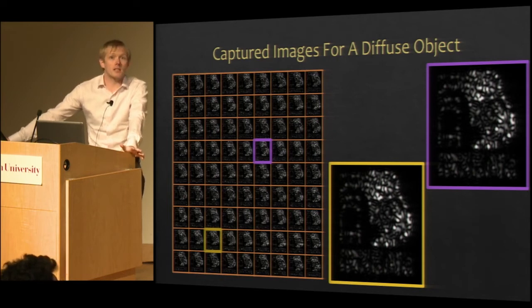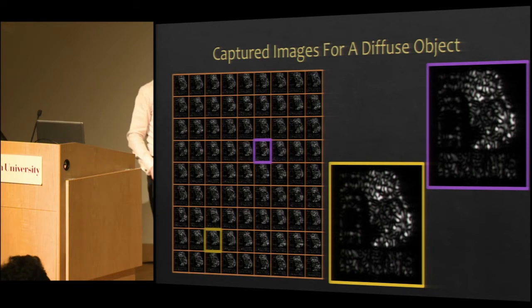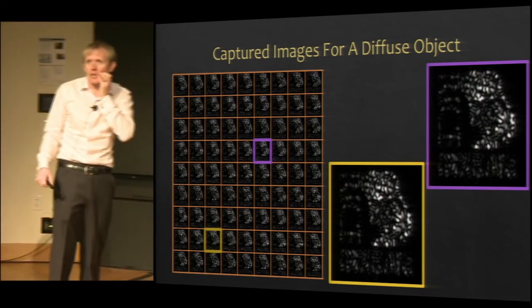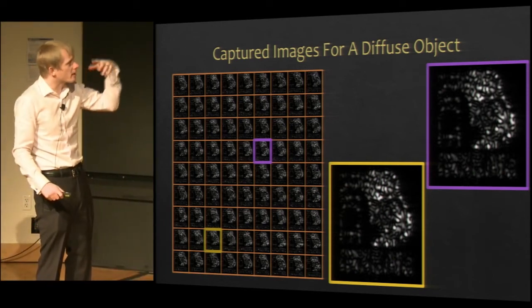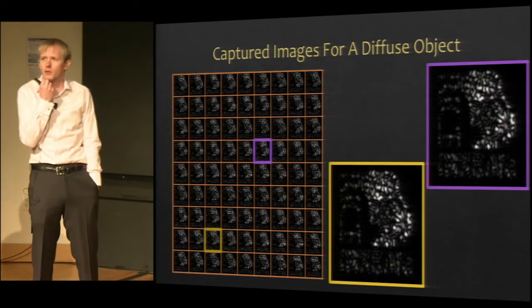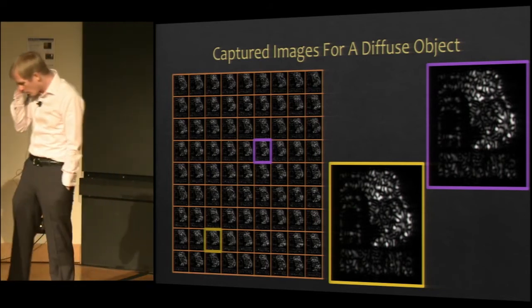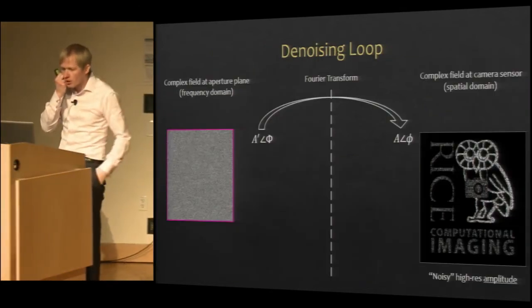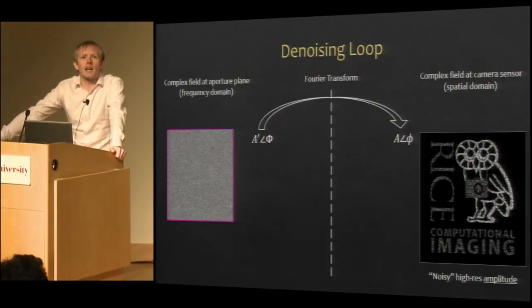Now, it's not noise in the classical sense, right? This is a physical phenomena, and it's not random, right? And it can give me material properties, but it sure looks like noise if all I want is a high resolution image. And so in order to account for it, in our iterative phase retrieval, we just add a denoising loop.